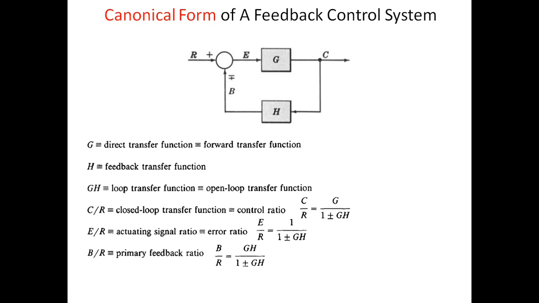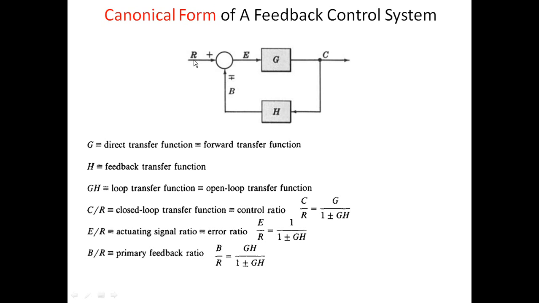This is very important: the canonical form of a feedback control system. Here G is the direct transfer function, or we can say forward transfer function. H is the feedback transfer function. GH is the open loop transfer function, or we can call it the loop transfer function.